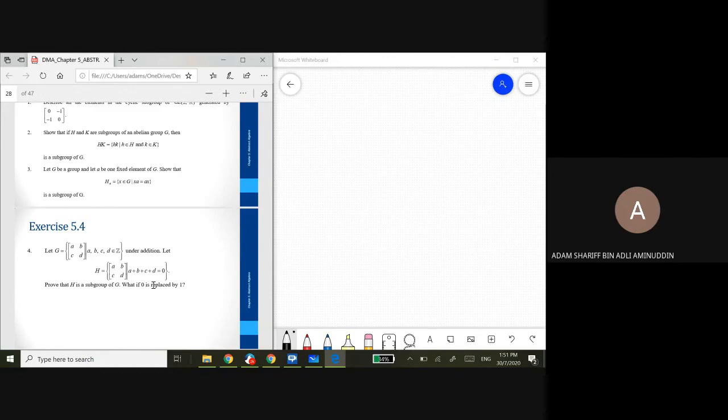It doesn't matter whether the question is about a subgroup or a group, but the basic binary operation must be there first. So Naresh, I will answer your question by this example 5.4. The question shows a 2 by 2 matrix where the entries a, b, c, d must be integers. So G is given as a, b, c, d, with the condition that a, b, c, d are integers.